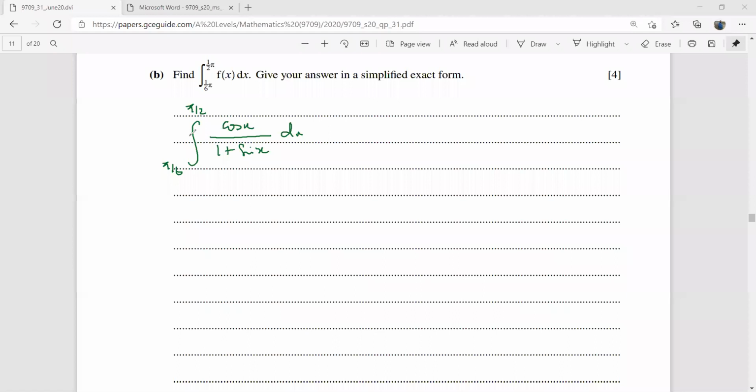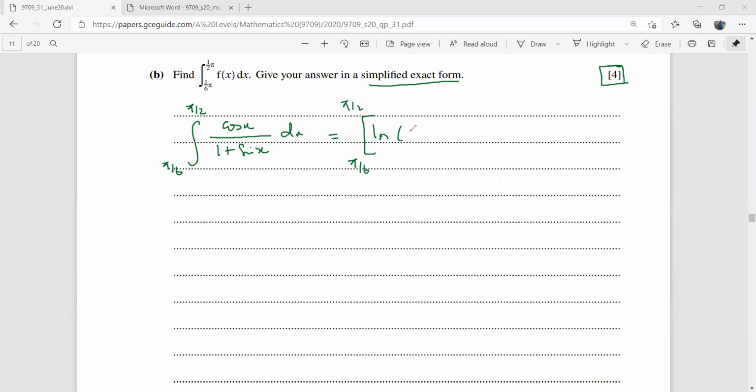Now, we have to find the exact value in simplified exact form. A question on integration cannot be easier than this. Whenever you have a rational function, you have to see if the denominator's derivative is there up in the numerator, so within one step, you can write this as the limit from pi by 6 to pi by 2.